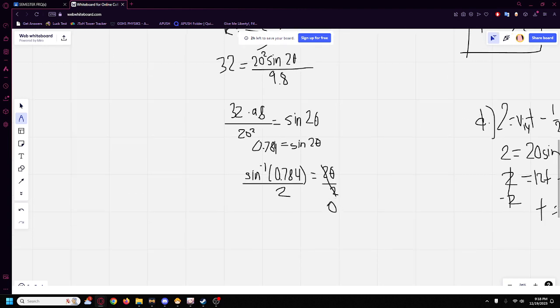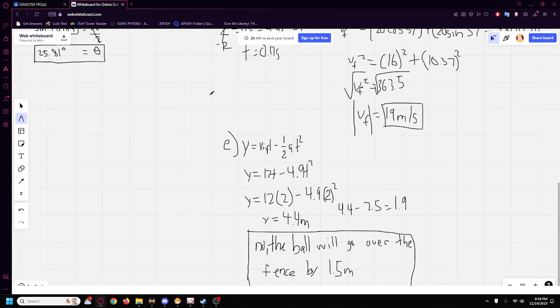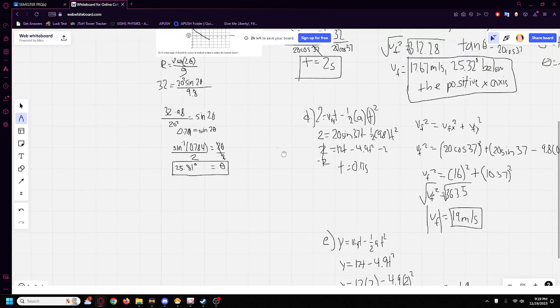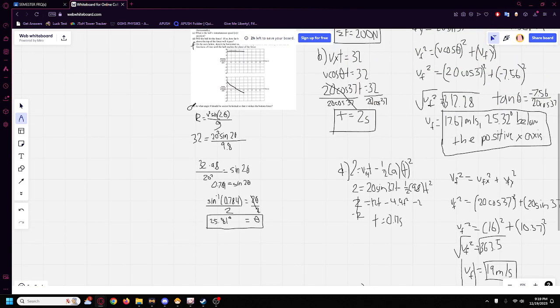So theta is equal to 25.81 degrees. And that is part G.